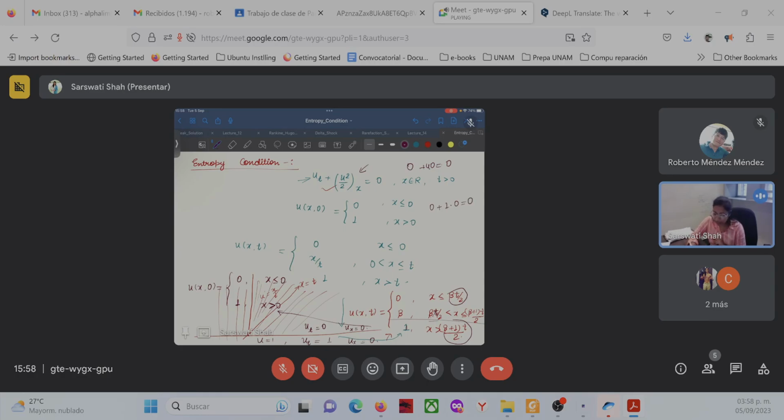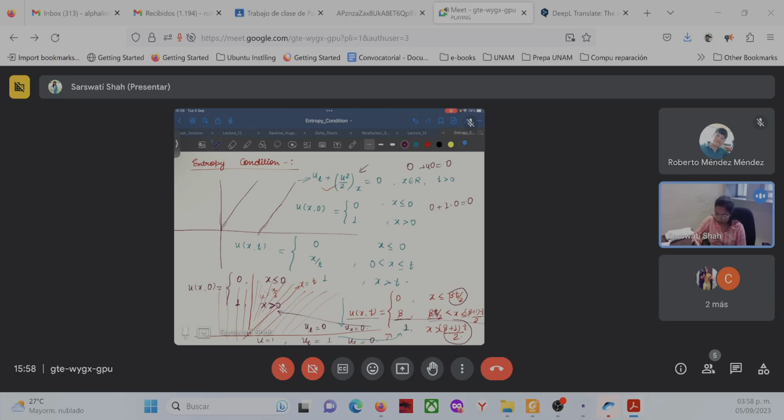That is also satisfying. The next condition comes in between the strip beta t over 2 and (beta plus 1) t over 2. Suppose beta is any positive value, so beta t over 2 is going to pass from here and (beta plus 1) t over 2 is going to be from here. In between these two strips, the solution is beta.